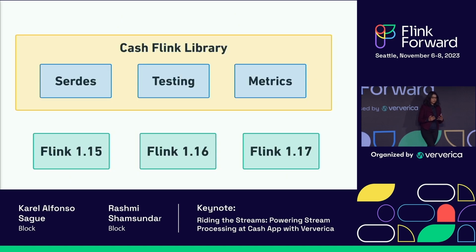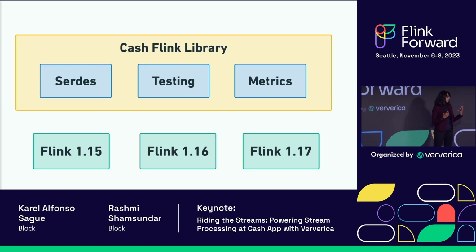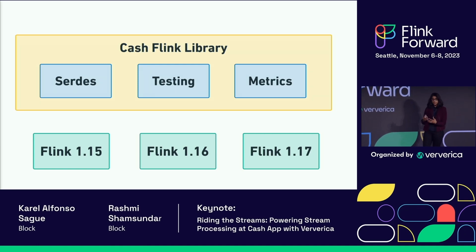So the Cache Flink libraries is a thin layer which provides a collection of Flink libraries which is packaged together. These libraries are going to help in making the building of Flink applications easier for our engineers.